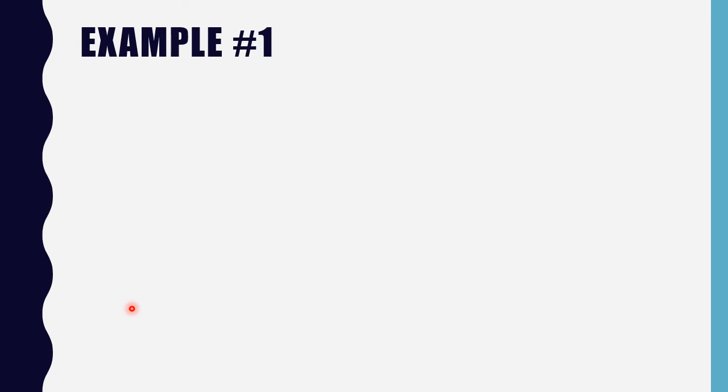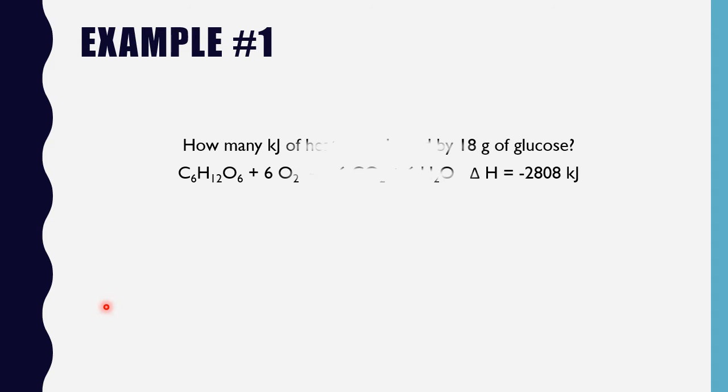All right, let's look at example number one. Example number one says, how many kilojoules of heat are released by 18 grams of glucose? So what are we looking at? We're looking at a chemical equation. Within that chemical equation, we also have delta H, negative 2808 kilojoules. In the word problem, they give us 18 grams of glucose.